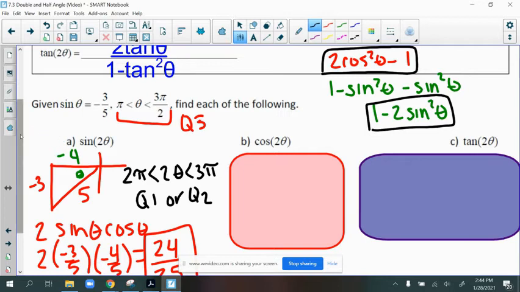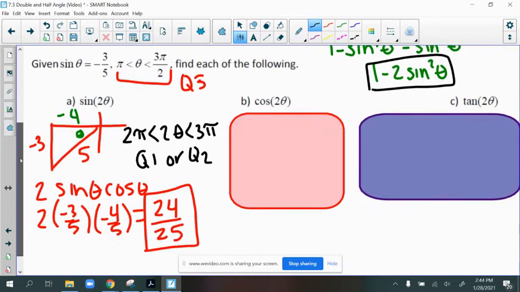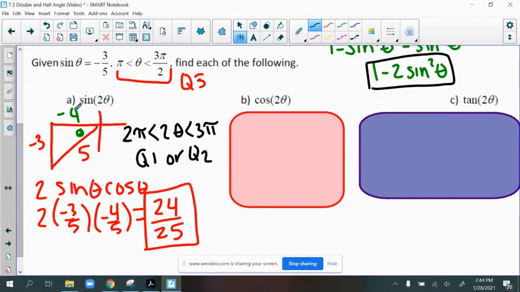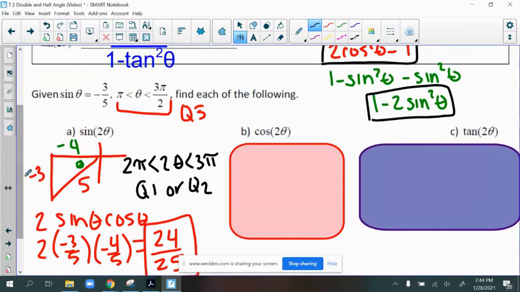So if I said, okay, well, where did you end up? If I just found the sine, I actually can't answer that question because the sine is positive, and the sine is positive in both quadrant 1 and quadrant 2. So if I wanted to know where I ended up, like am I in quadrant 1 or am I in quadrant 2, I would need to do either B or C, and then I'll be able to tell.